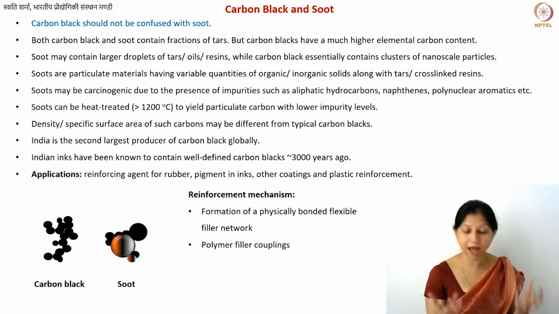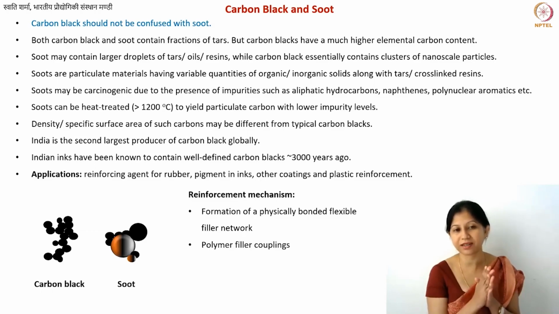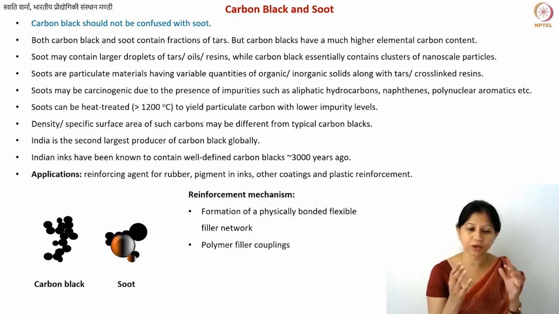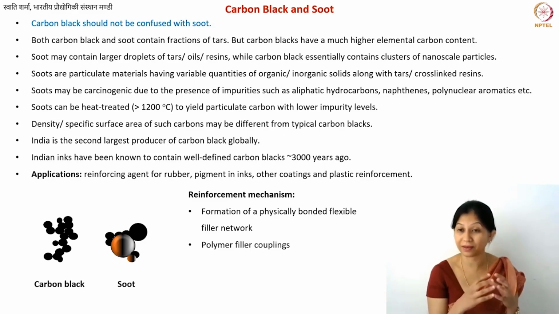In fact, there have been several studies where people have figured out what the mechanism is, because this material is a very high surface area material. Surface area is the most important thing when it comes to carbon black, and also it's lightweight, and because it is fabricated in the presence of oxygen, you can imagine that you will also have certain surface functional groups which will make it hydrophilic.